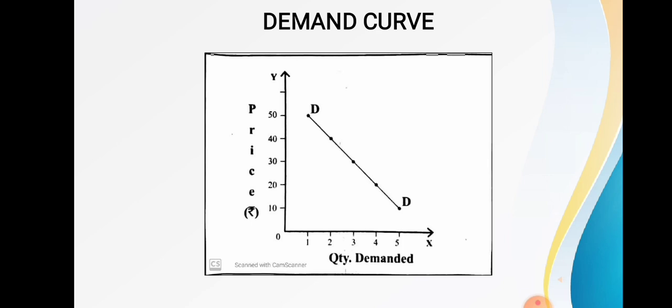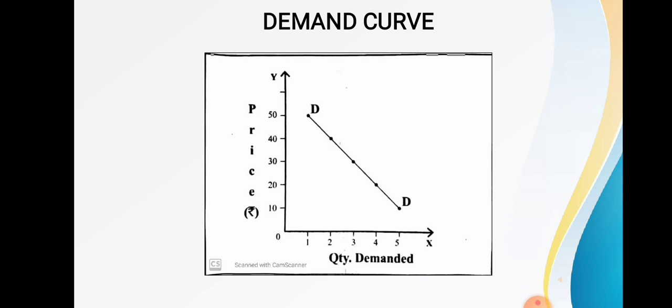Here, DD is the demand curve. This demand curve is sloping downwards from left to right. This indicates that there is an inverse relationship between the price and the quantity demanded.